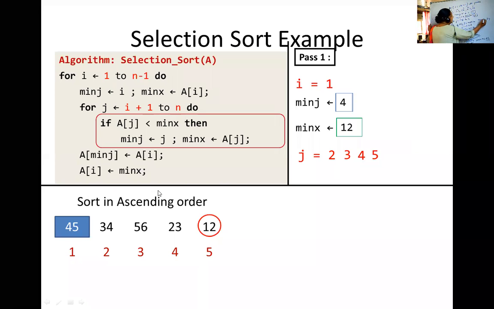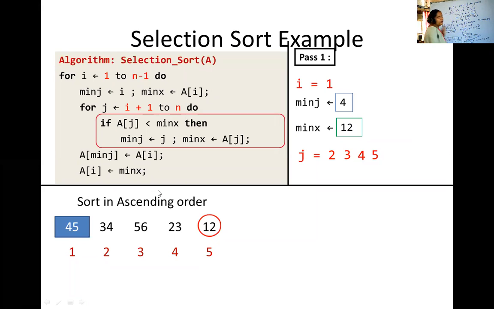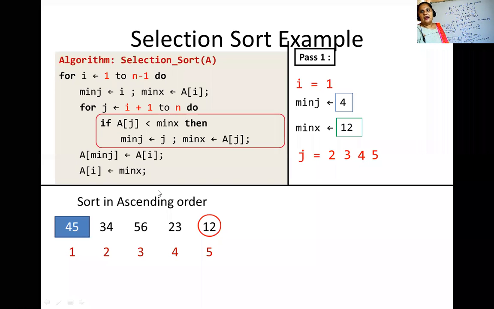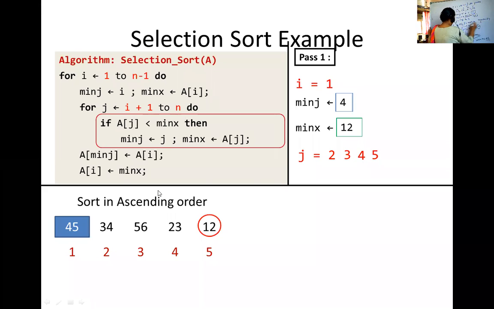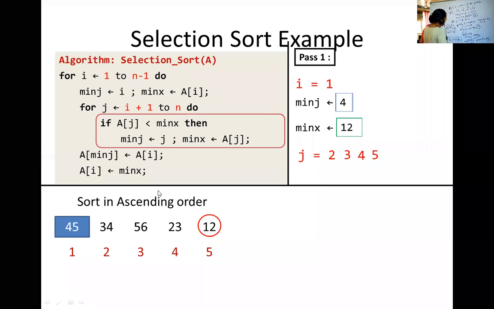Then you will make min x this a of j. It is already written, min j is equal to j and min x is equal to a of j. That means we will be changing the index. This i would now be 2 and min x would be 34.